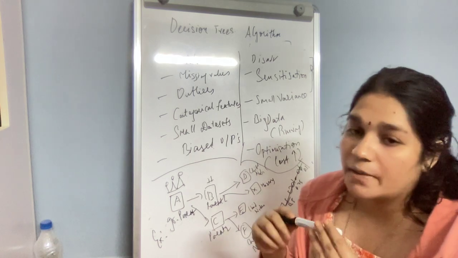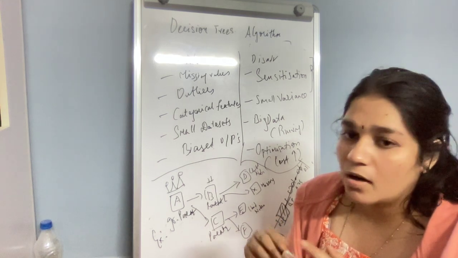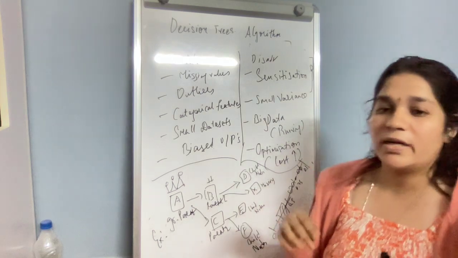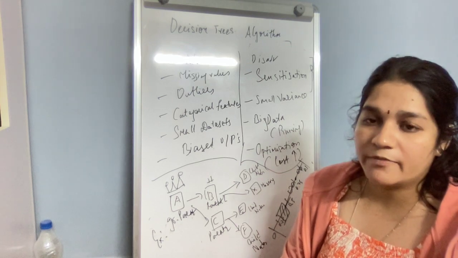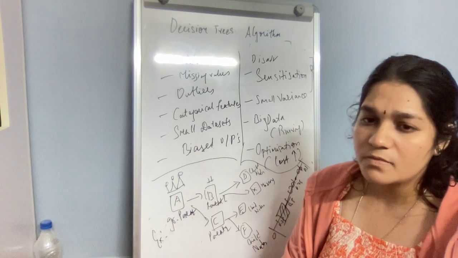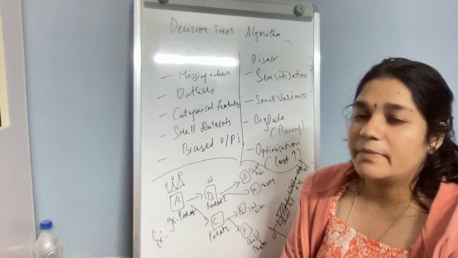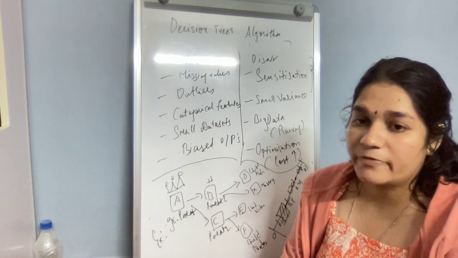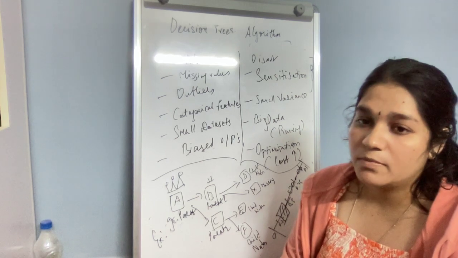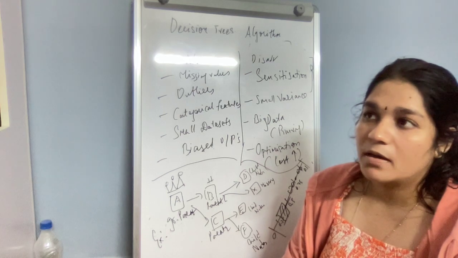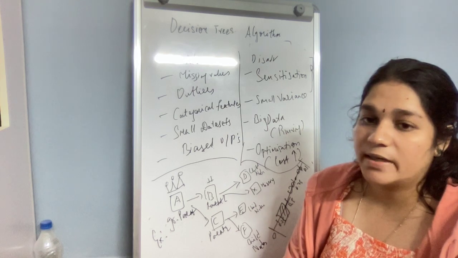Suppose my complete data set is A's and there is only one B. Then obviously the decision tree will say most of the data is A and there is only one B, so the information gain for A would be higher than for B. It has already checked the entropy for A, which will be 0, but the entropy for B would be some 1 or -1 divided by the number of B's plus the total number of A's in the data set.